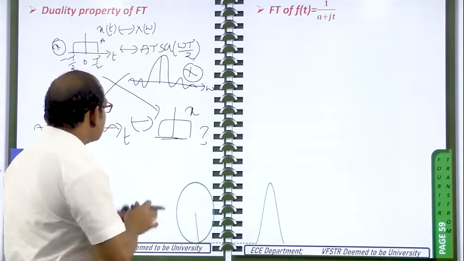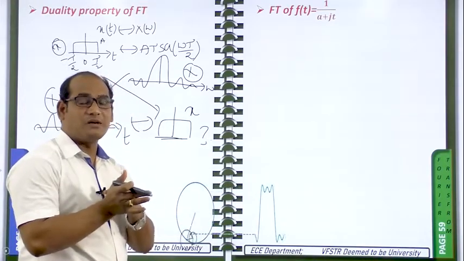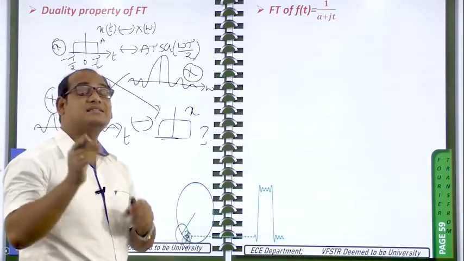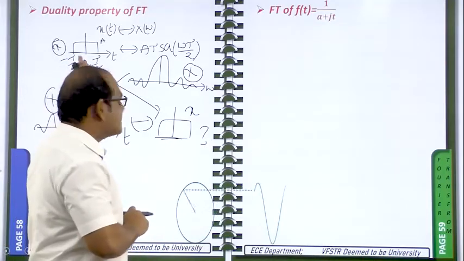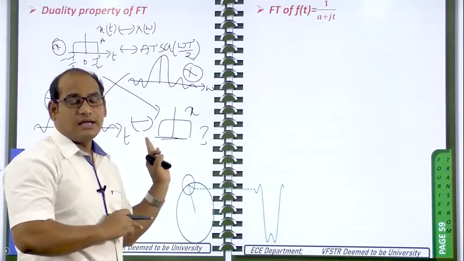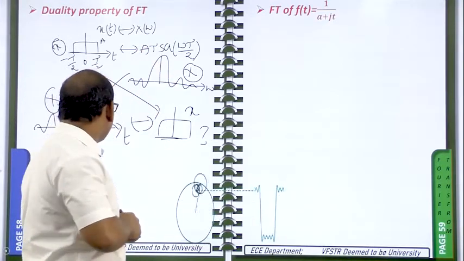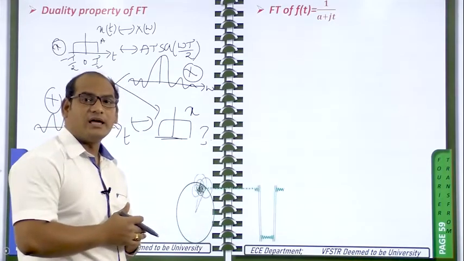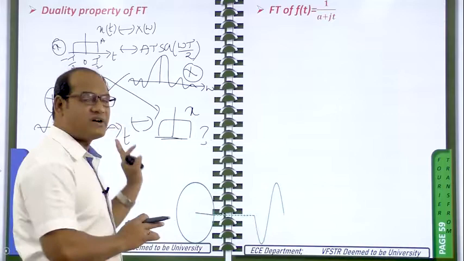Okay, so small x may be in the time domain or the frequency domain, but you need to remember it is the same graphical representation. In this case it is a rectangle pulse signal, and capital X may be in the frequency domain or in the time domain, but it has the same graphical representation, that is a sampling function only.